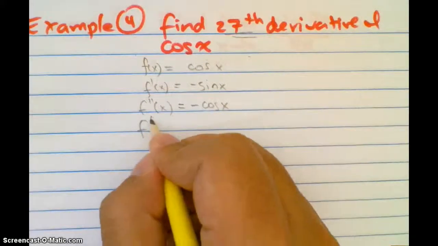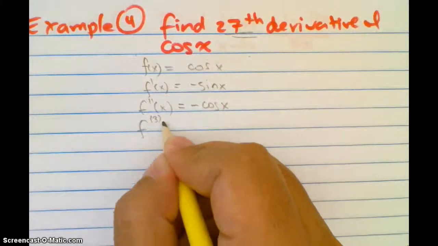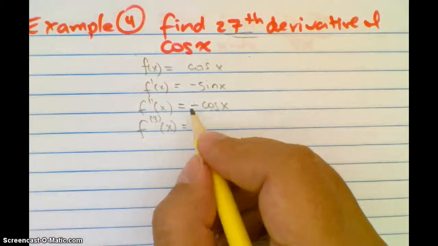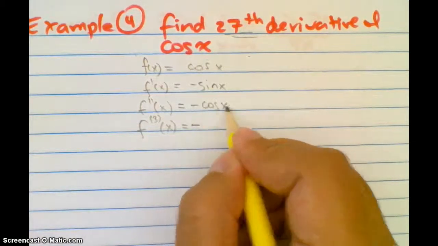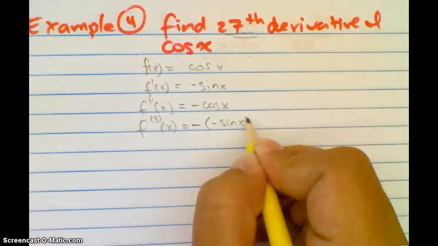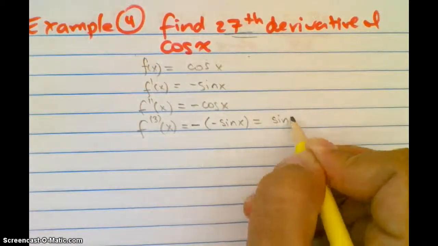And then when I do that a third time, or triple prime, this will be negative of the derivative of cosine of x, which is negative sine of x. So this goes back to being positive.